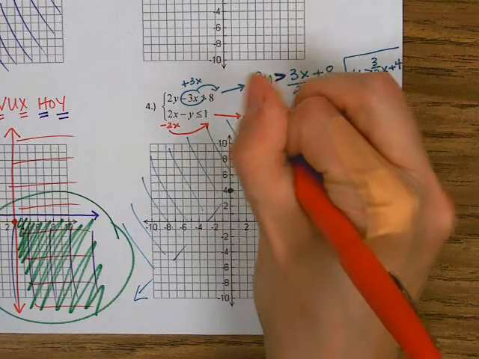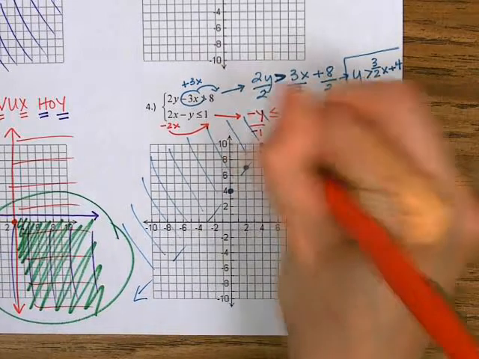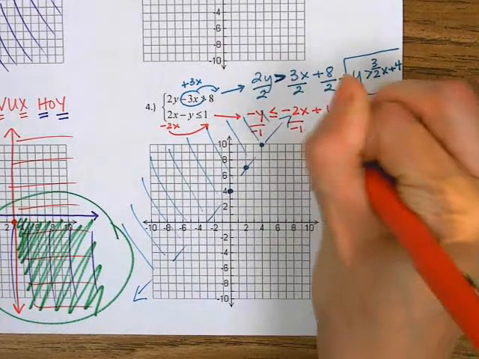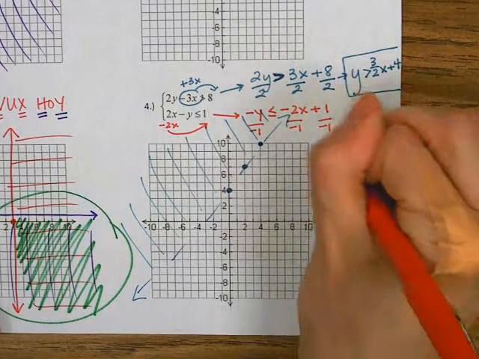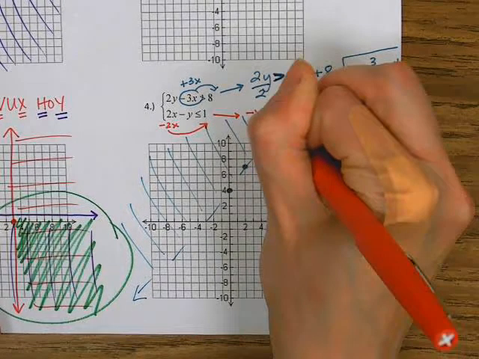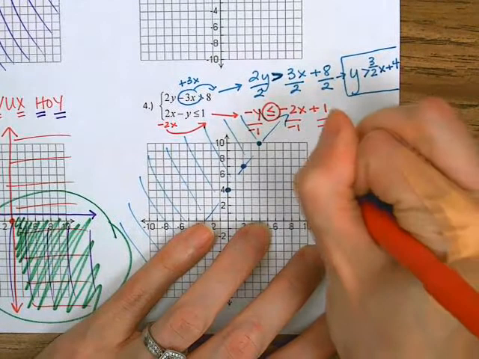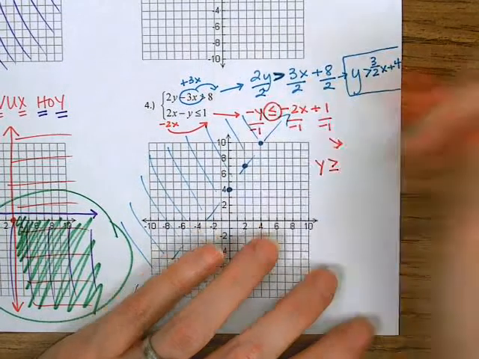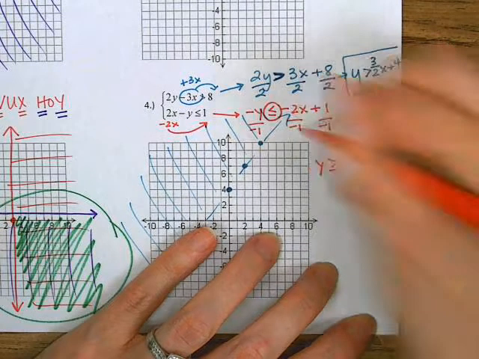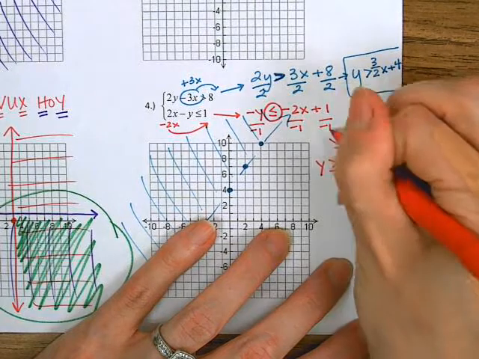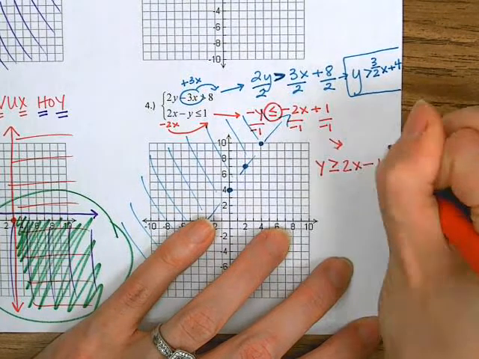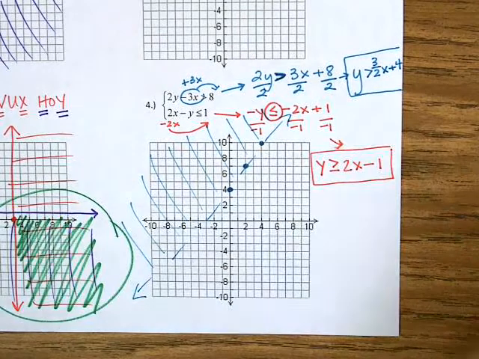We want y to be alone, so we have to divide every single piece by negative 1. Ooh, but if we divide by negative 1, we got to flip the symbol. All right, so we're at y is greater than or equal to. A negative divided by negative is a positive 2x, and then 1 divided by negative 1 is negative 1. All right, so that's our second line.